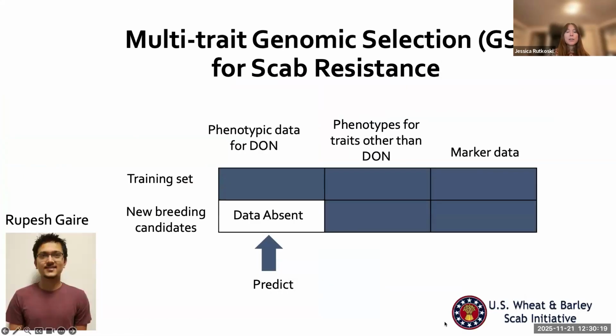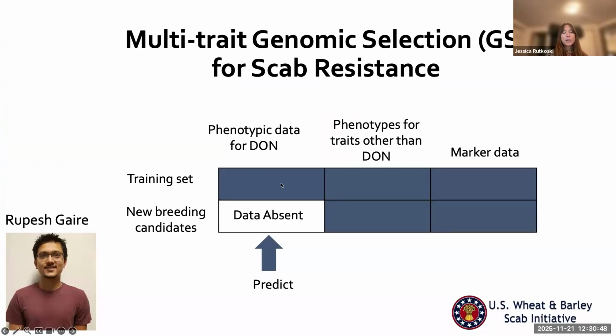So we thought, what if we try genomic selection, specifically multi-trait genomic selection for scab resistance, and potentially we can use the data in just a smarter way to be more efficient. So we tested, what if we have a set of lines we call the training set, and we have all of our phenotypic data.